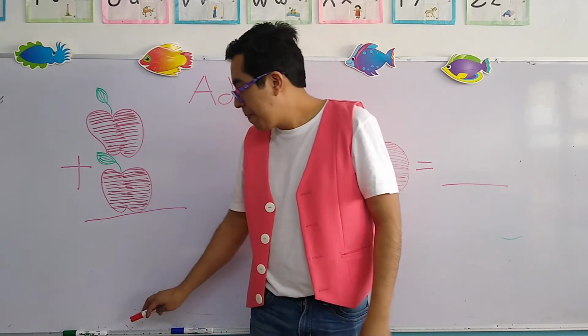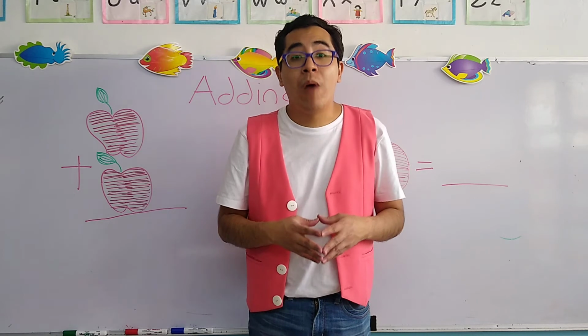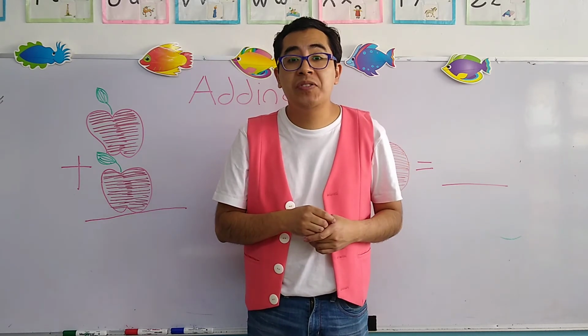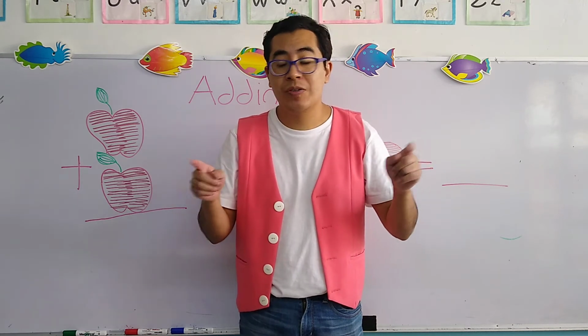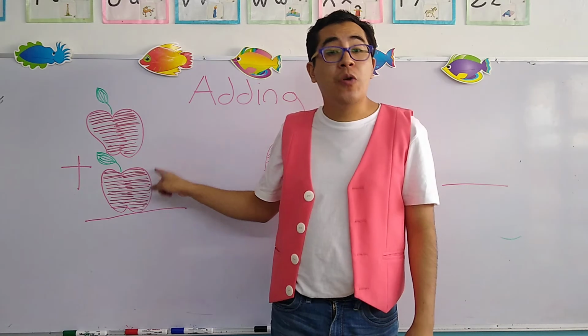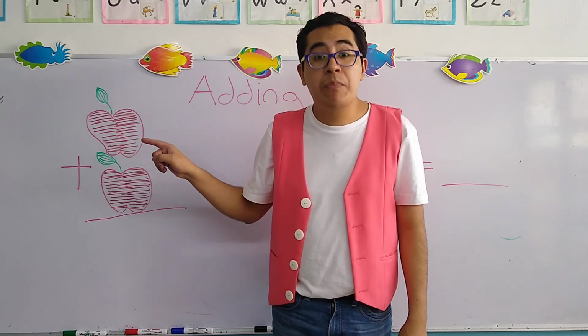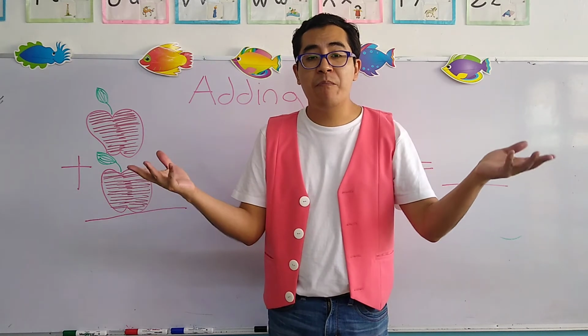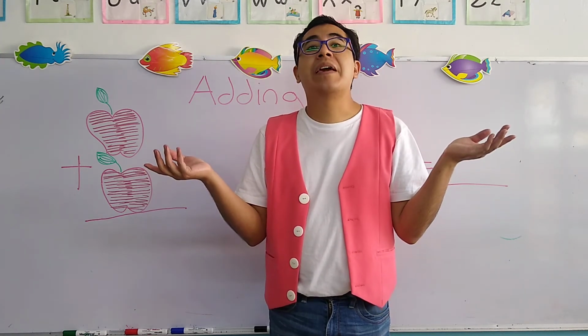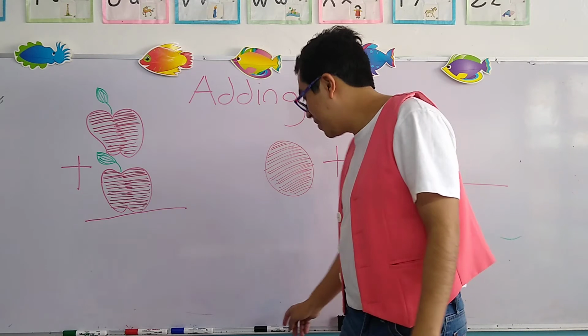Okay, very good. Now, for this, once again, let's count the objects to see what's the total or the result. 1 and 2. So the result is number 2. Now, do you remember the shape and form of number 2? The dog. Very good.